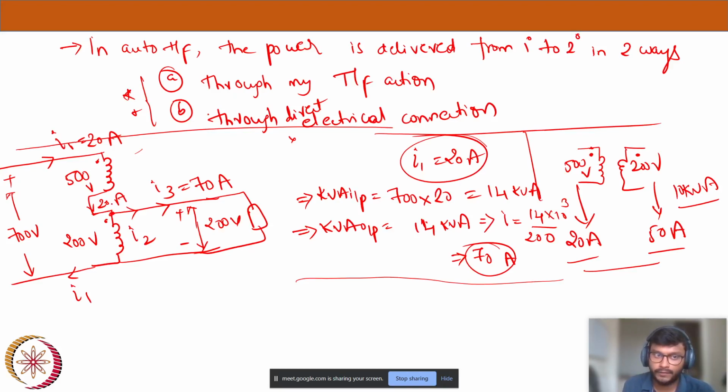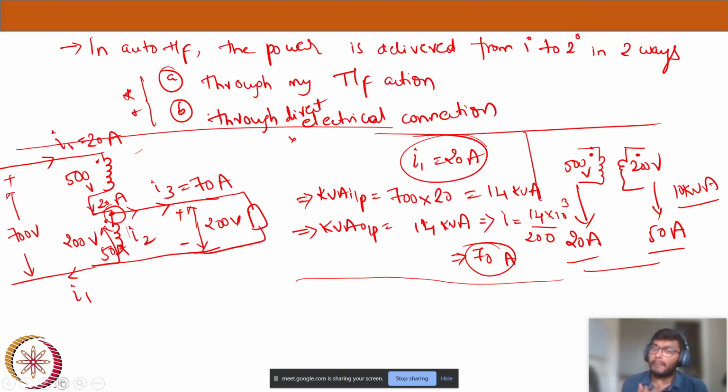If this is the node, my 50 amps should enter. Yes, Tanuj. So you see, KCL and KVL are universal laws. They should be satisfied anytime, anywhere. So 20 amps is entering here, 70 amps is leaving, so from here my 50 amps should enter.